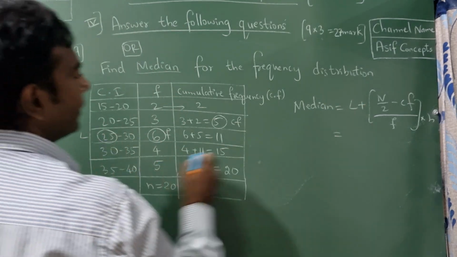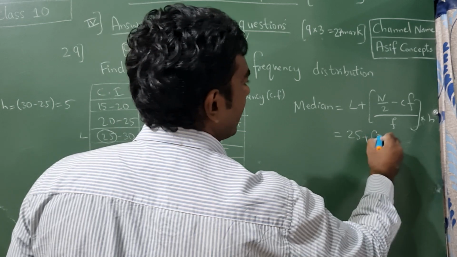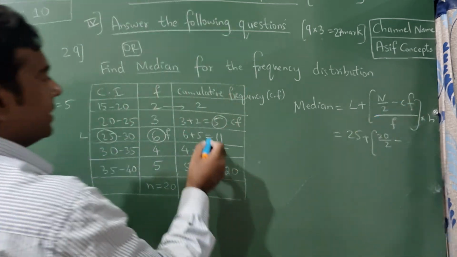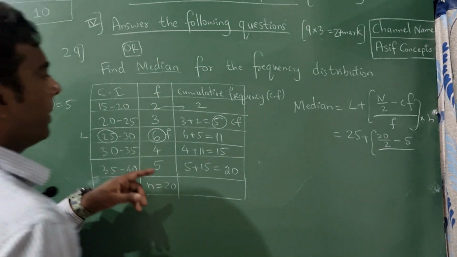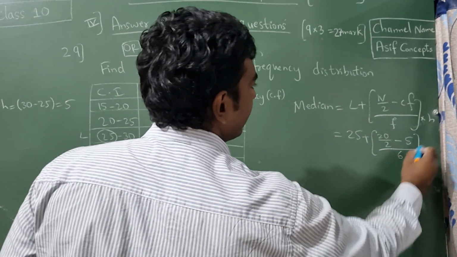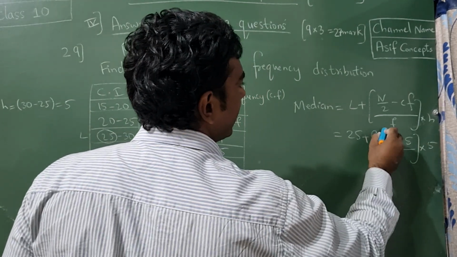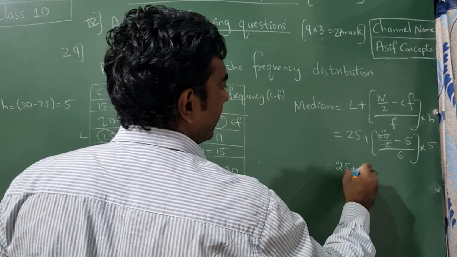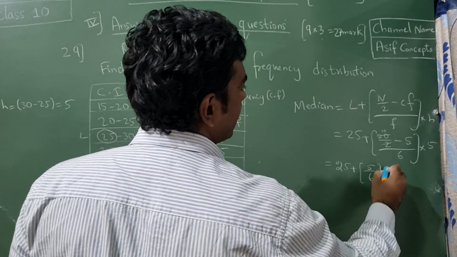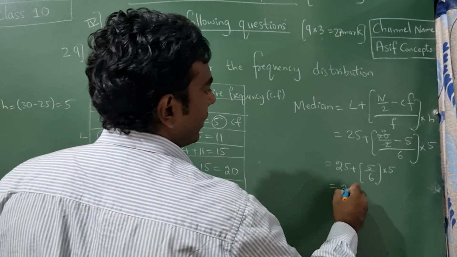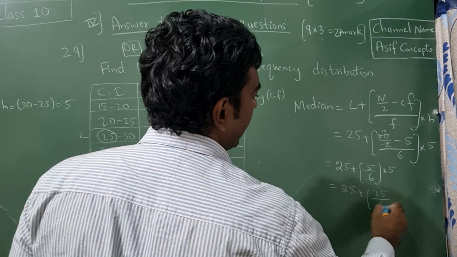Now what is the L? It is 25. N value is 20. So 20 by 2 minus CF is 5 and F is 6 and H value is 5. 2 ones are 2, 2 tens are 20. 25 plus 10 minus 5 is 5 by 6 into 5. 25 plus 5 5s are 25 by 6.